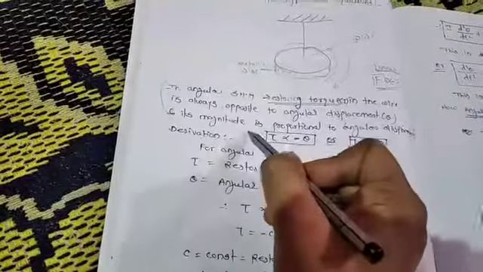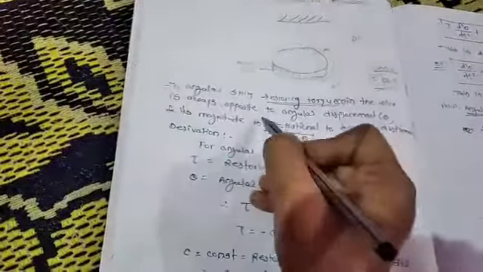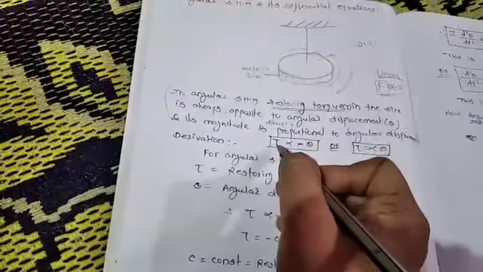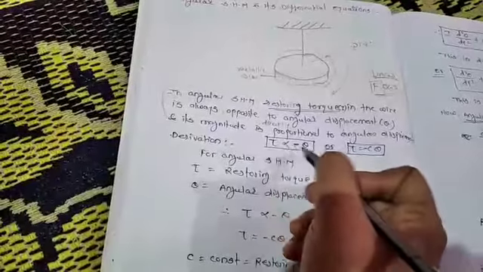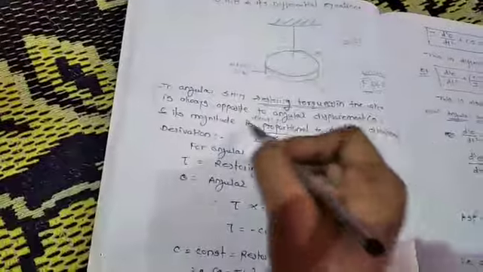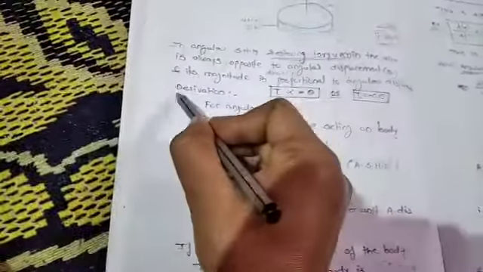And its magnitude is proportional to the angular displacement. That is, this tau is directly proportional to theta, that is nothing but the angular displacement. This we have to prove, or we have to show by the derivation. So here the derivation begins.